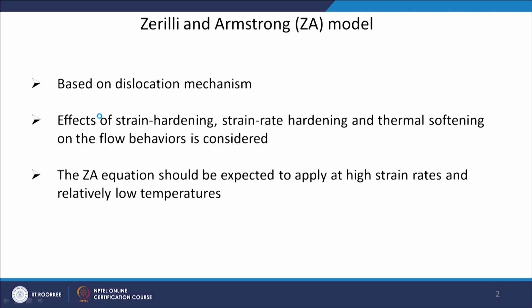First is the ZA model, the Zerilli-Armstrong model, and this model is based on dislocation mechanism, that is, how dislocation multiplication is taking place or dislocation recovery is taking place and so on. As you can see, we are now directly relating our constitutive equation with the actual deformation mechanism, which we were not doing earlier.